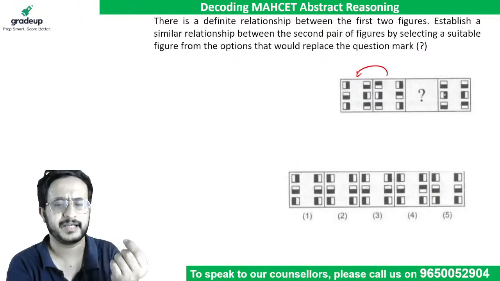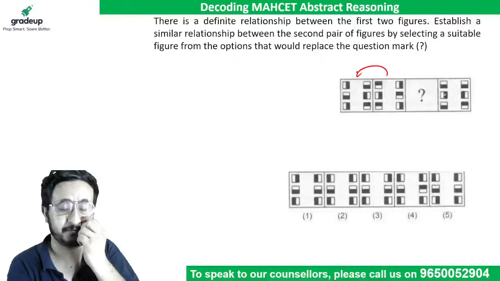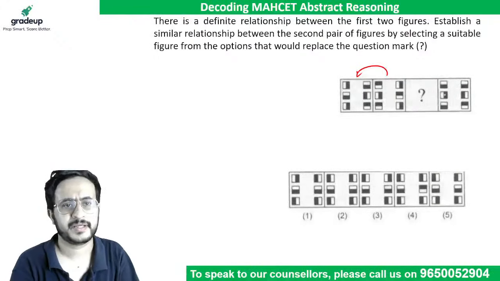So try to see element by element. Try to see one element first and then eliminate options.